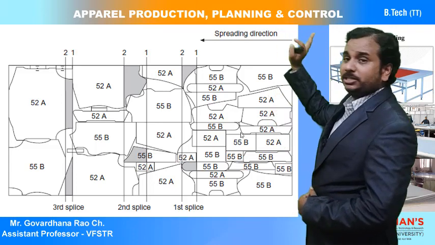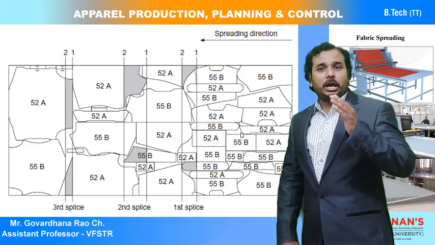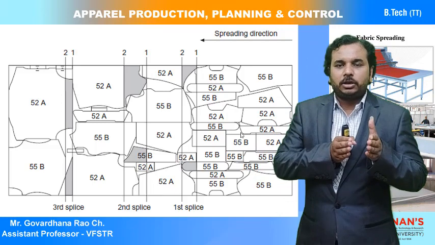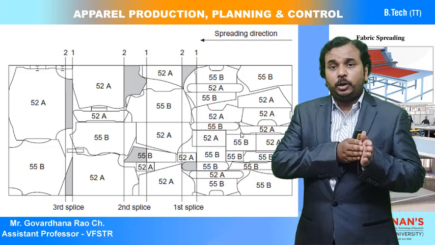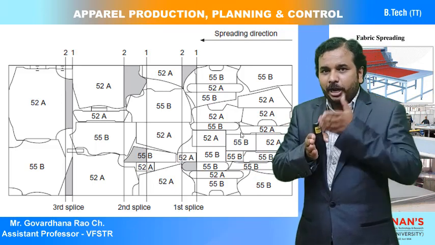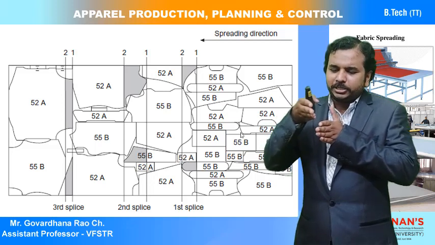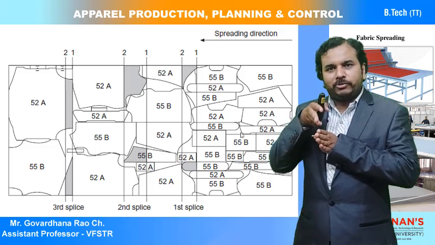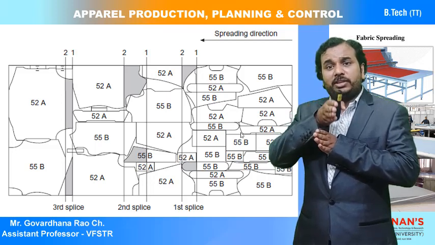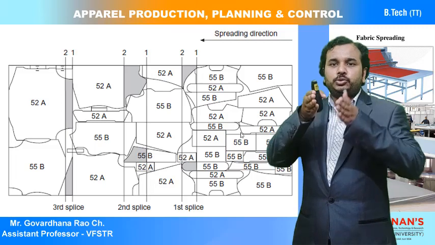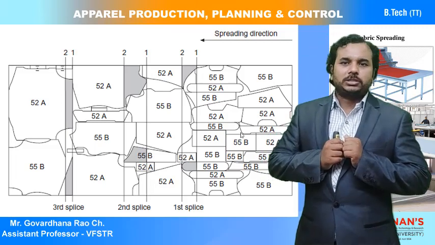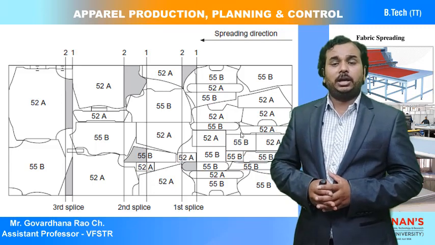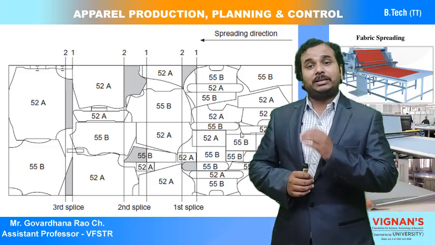The first pattern ends, and the second pattern starts from here onwards. In between these two we draw a cross line. These lines are seen in the marker across the fabric width.